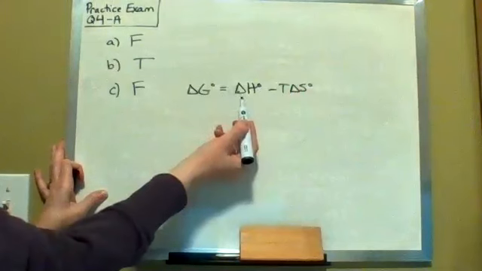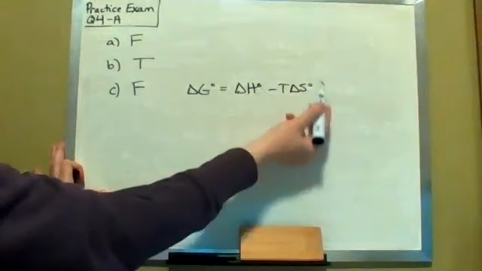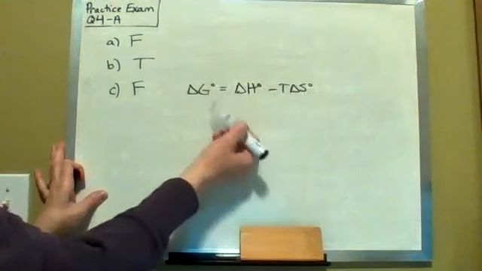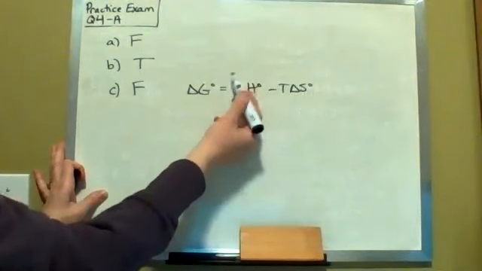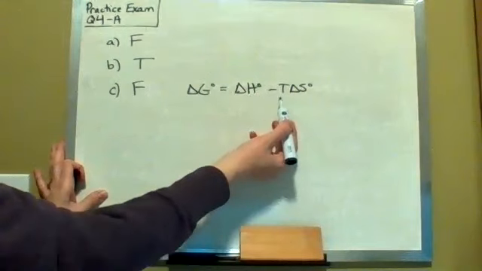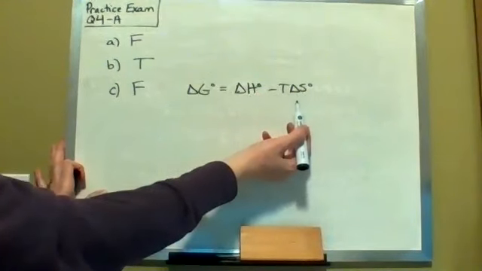So if this does release heat, that's negative. That's great. But it could also end up being positive overall if this number here is also negative enough to push it over zero. If this is positive and it does not release heat, this can always be a bigger number to actually bring it down below zero.